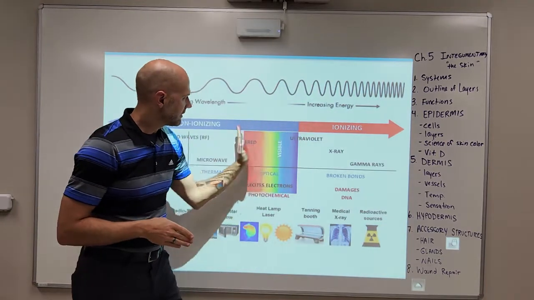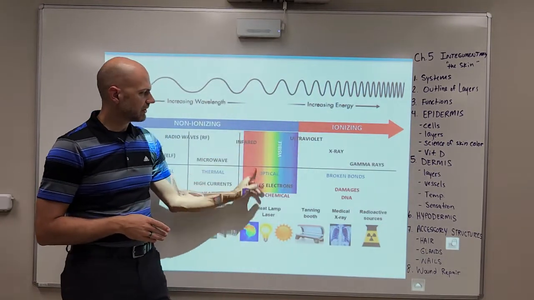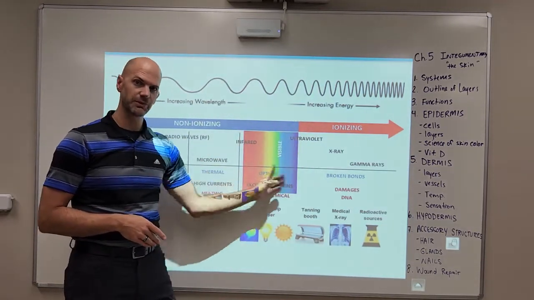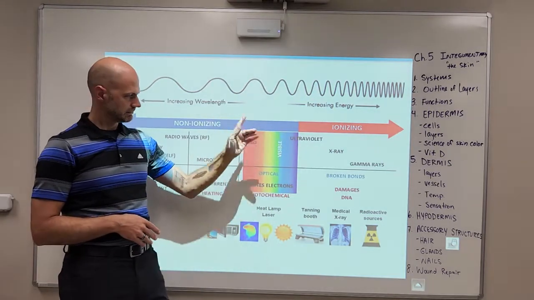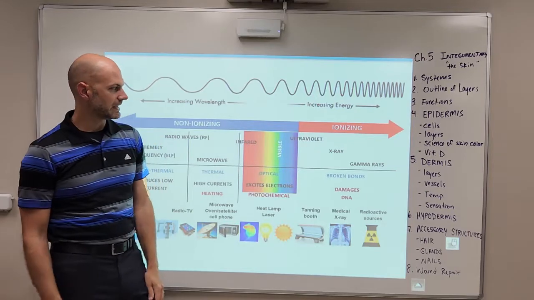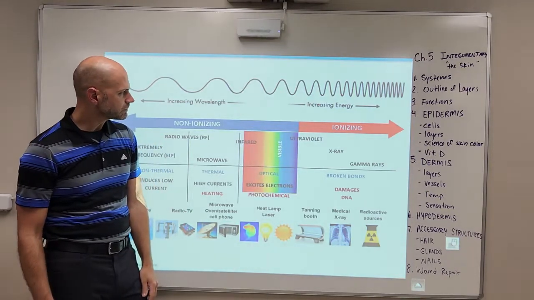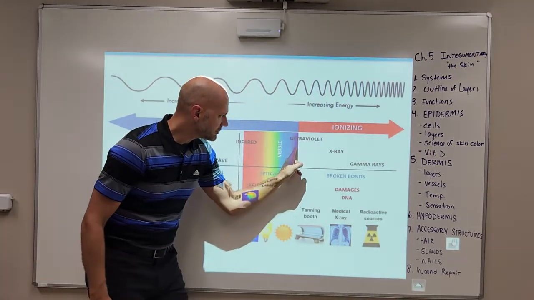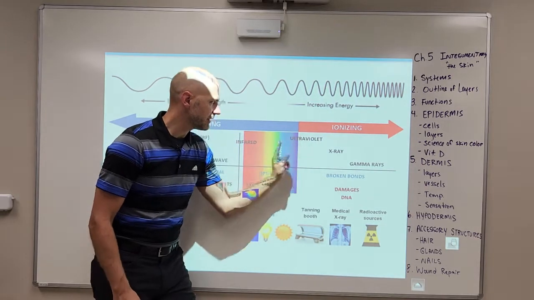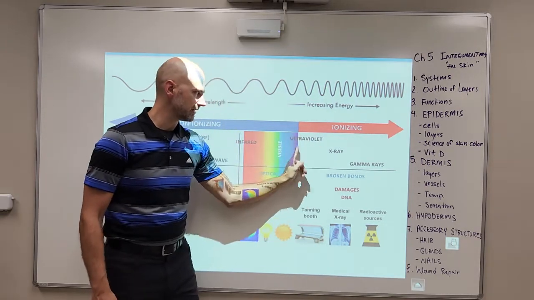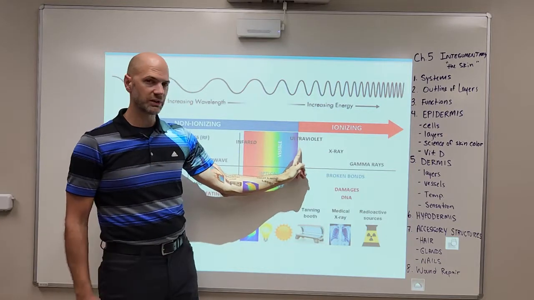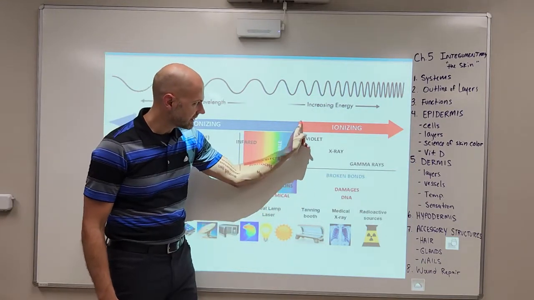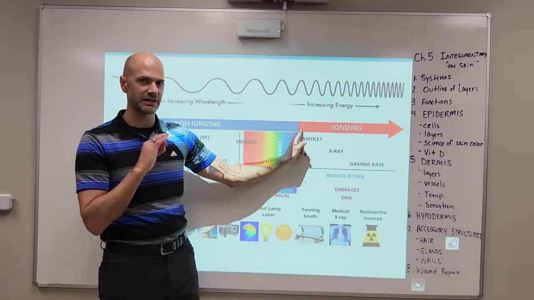So there's a thin window here that we call visible light, and that's where we get the Roy G. Biv: red, orange, yellow, green, blue, indigo, violet. And beyond that is what we call ultraviolet. If we're ultra, they're more powerful than violet, and that's where UV radiation begins. UV radiation is at the very low side of ionizing radiation.